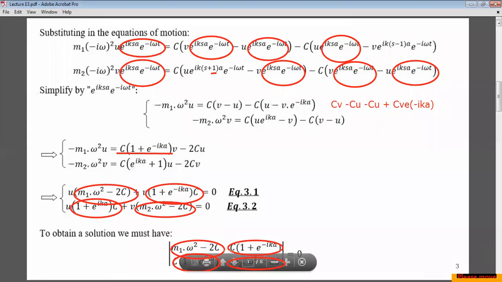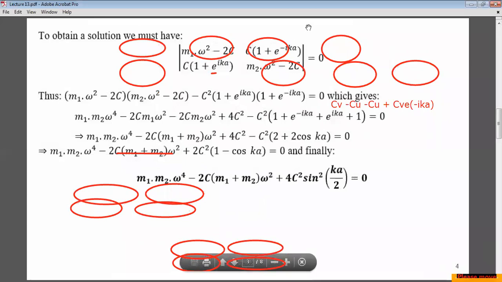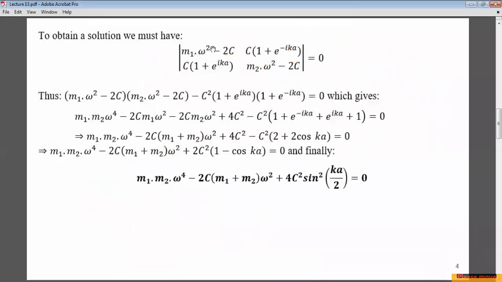Now, what does this mean? In order to solve this, we find the determinant. So we do (M1 omega square minus 2C) multiplied by (M2 omega square minus 2C), minus C square into (1 plus e^(minus ika)) into (1 plus e^(ika)) is equal to 0. I removed all the brackets.